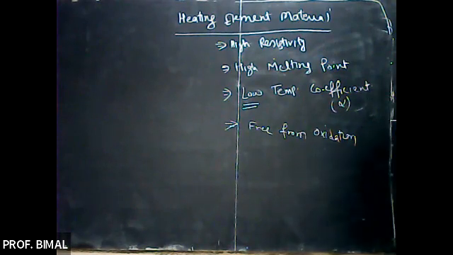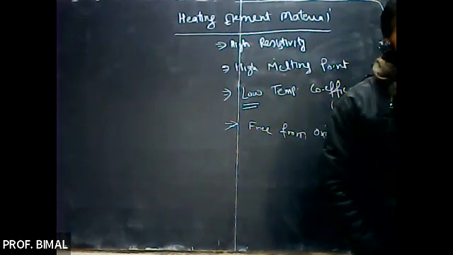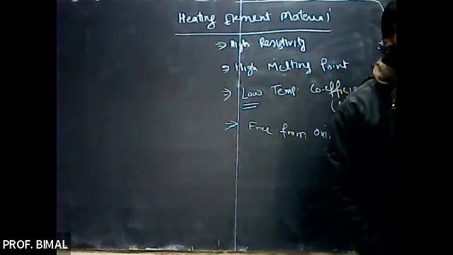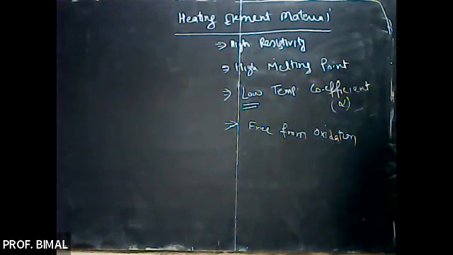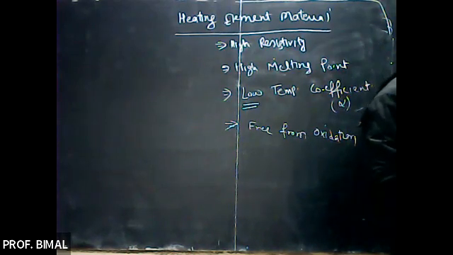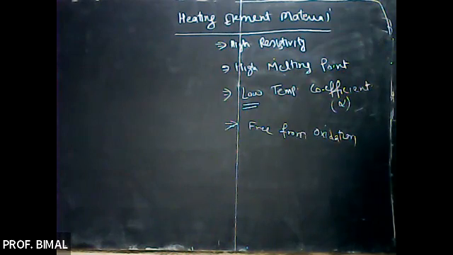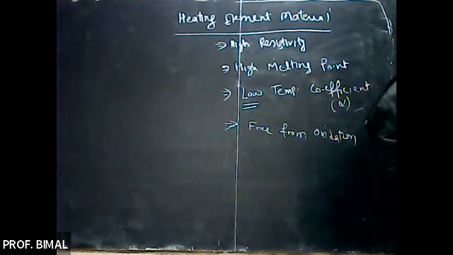The material commonly used as a heating element for low and medium temperature services is an alloy of nickel and chromium, right? In which approximately 80% is nickel and 20% is chromium. That is commonly used for low and medium temperature services, right?